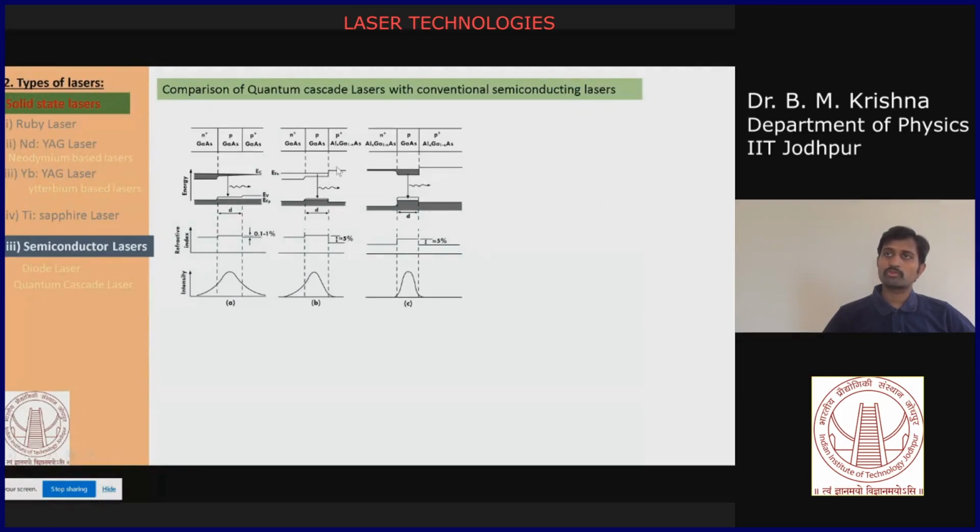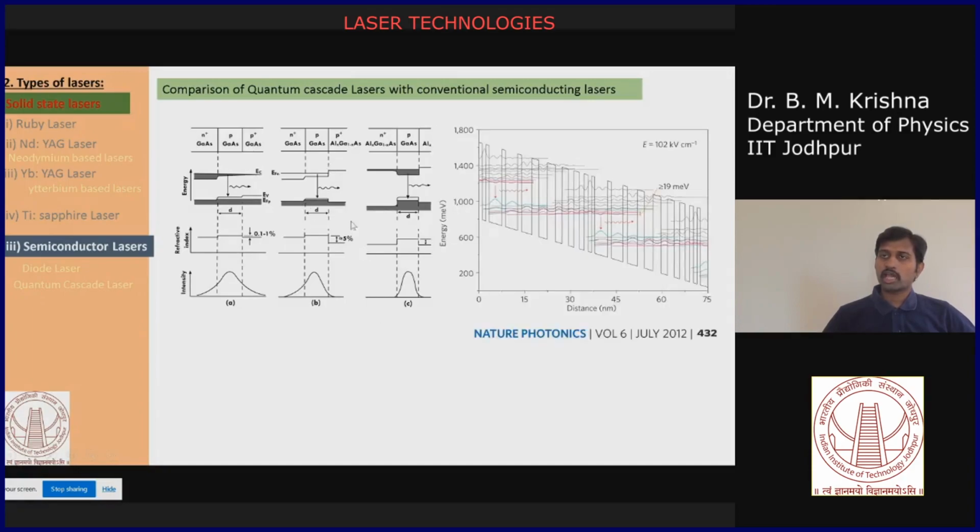For example, you pump, your electrons go to a higher state, then they accumulate in the lower state on the conduction band. So you create a population inversion at the junction. The gap always gives a photon, so in typical semiconductors, the gap decides the wavelength of the light.